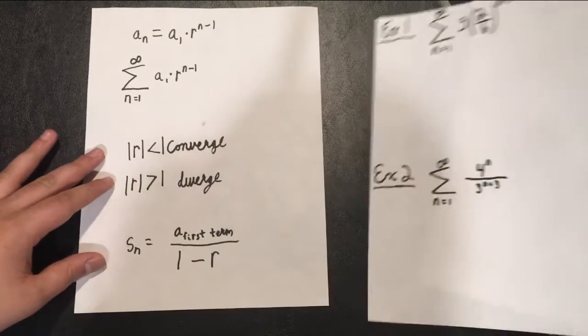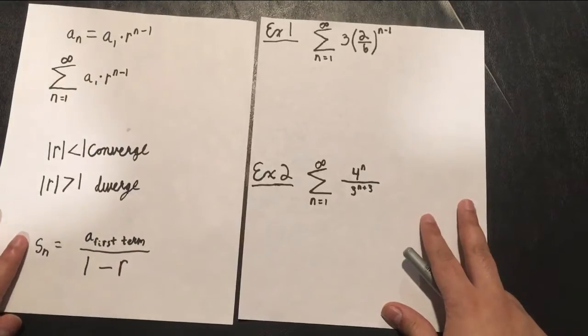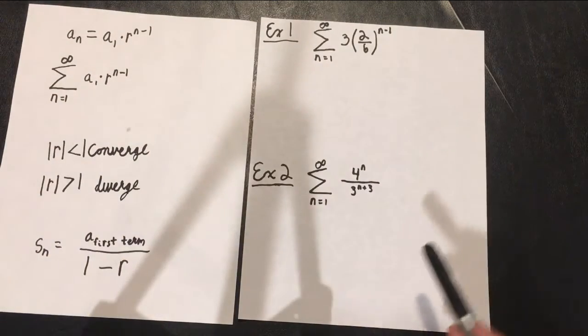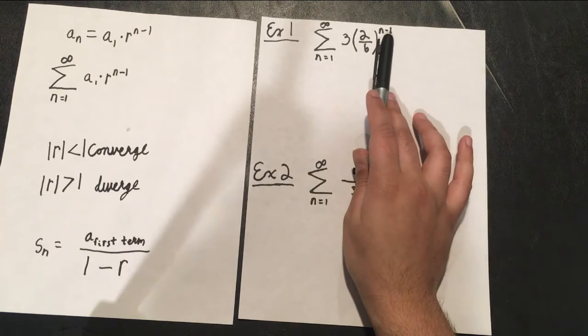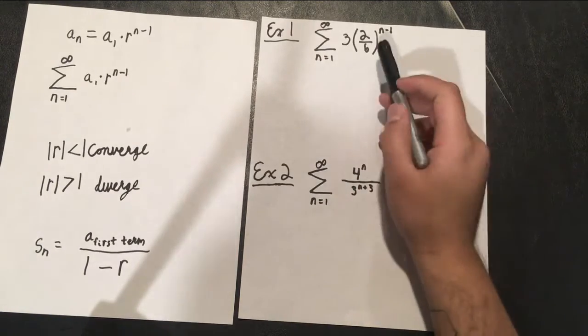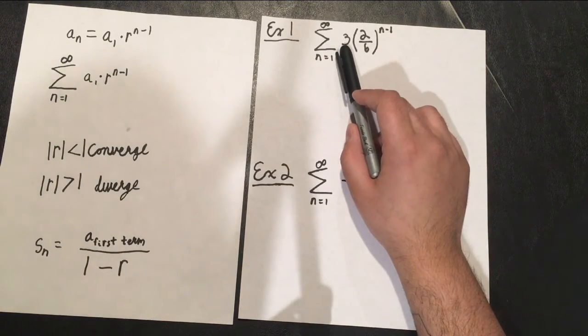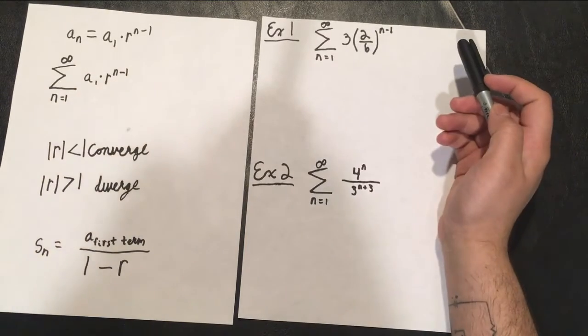Okay, so first we have something simple here, already in the form that we're looking for. We know this is a geometric series because we have the exponent containing a variable. So we have the constant out front, 3, times 2 over 6 raised to that power, meaning this must be the ratio.